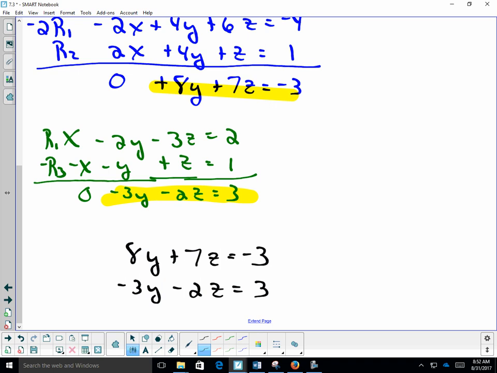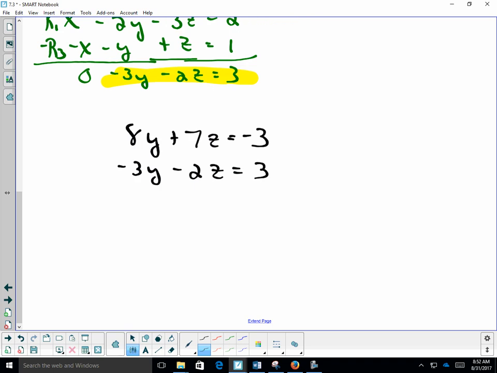Now, I have to eliminate either the y or the z. Doesn't really matter which one. It's not pretty, so I'm just going to go ahead and eliminate the y. So let's say I multiply this top equation by 3, and I'm going to multiply this lower equation, I'll switch colors for you, by 8.